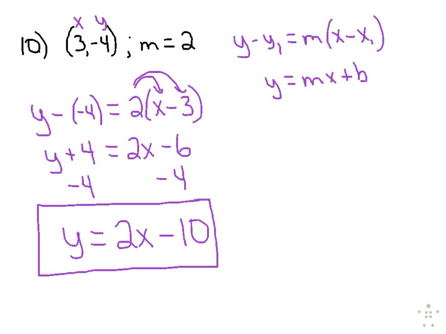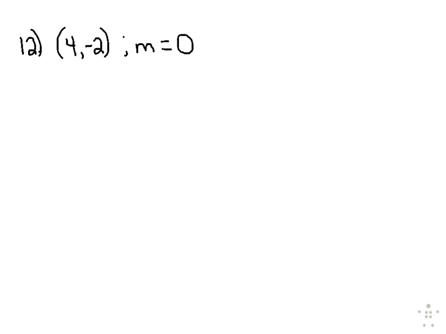Moving on to question number 12, the same problem, the same instructions. Use our point-slope form, so y minus y1 is equal to m times x minus x1. By the way, we use the point-slope form when we're given a point and when we're given the slope.